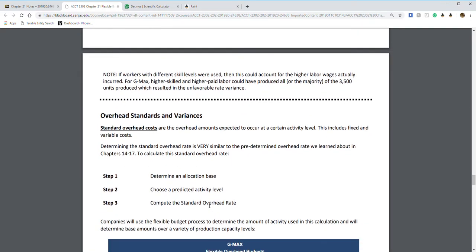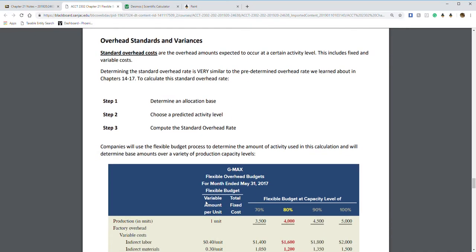But now let's look at the overhead. Overhead is what we're going to end this chapter with. Really, overhead is similar to what we've already done when we're trying to think of if we over-applied or under-applied, but we're going to use it in a little bit of a different way.